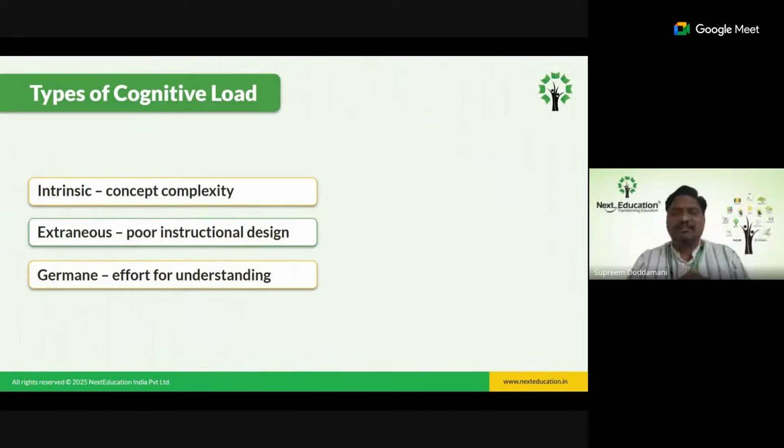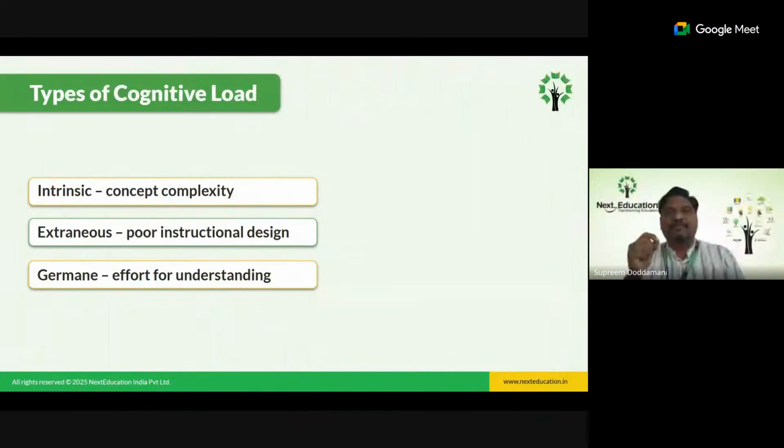And this is a very good one. It doesn't create any overload for the children or the students. We are supposed to encourage and use this sort of cognitive load. A clear and organized explanation will help the students understand the concept in a proper way, and they will understand it deeply.